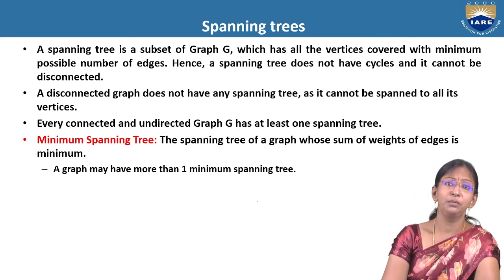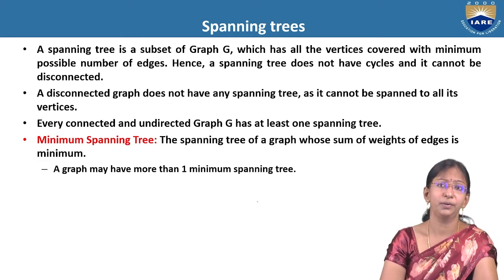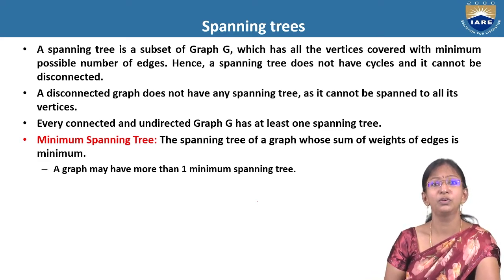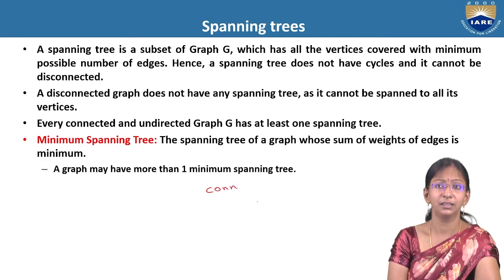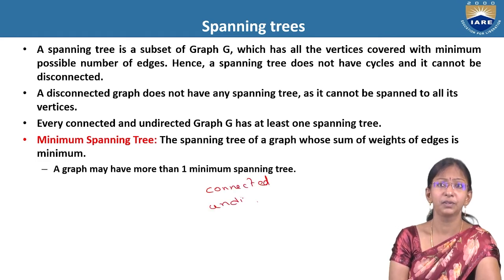Then what do you mean by a minimum spanning tree? A more specialized one, a deeper one I'm talking about. Please remember these points: in a connected, undirected, weighted graph. These are the three key points.